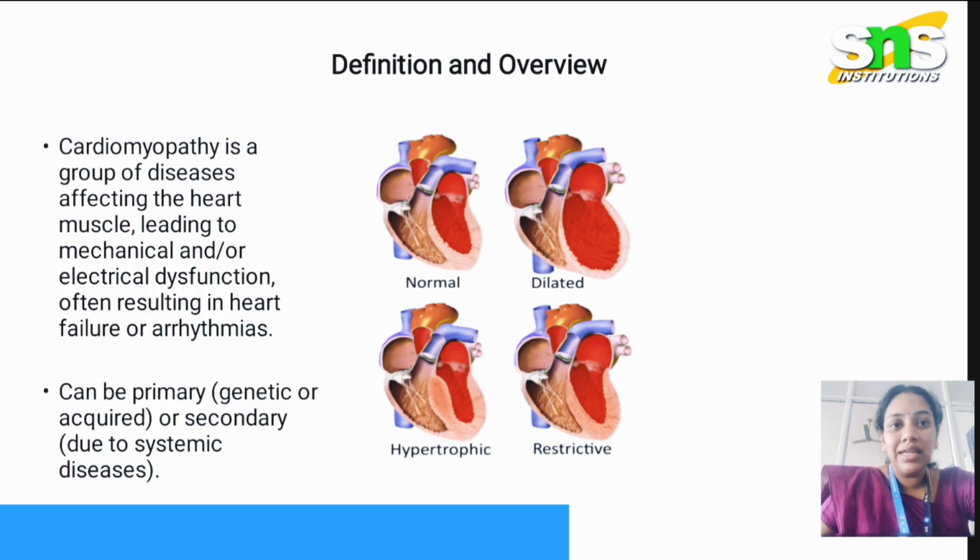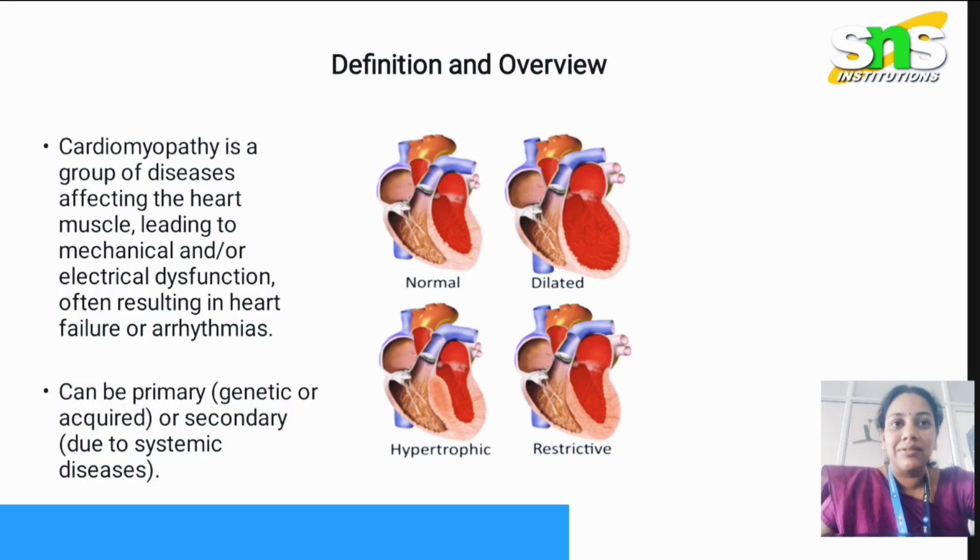You can see in this image a normal heart, and the left ventricle slightly bigger, which is called dilated. In the other image you can see the muscular portion of the heart thickened, which is called a hypertrophic heart. And in another type, it is restrictive, which means the left ventricle will not help with pumping, it becomes very stiff. So think how it can pump the blood to the other organs if there is a problem in the left ventricle itself.